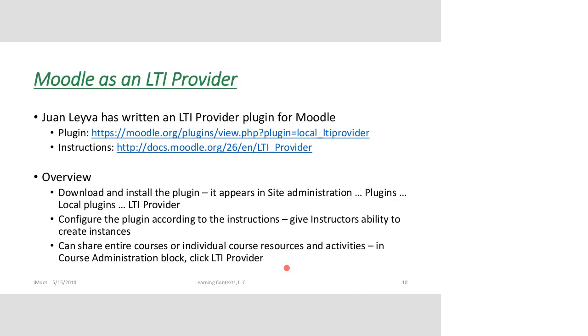So now this is huge because you can have 2 different institutions, 2 different Moodle servers, sharing content from a course. So maybe you have a module on U.S. history, and you're talking about a particular period, let's say Roosevelt, and so you can share that with another school.